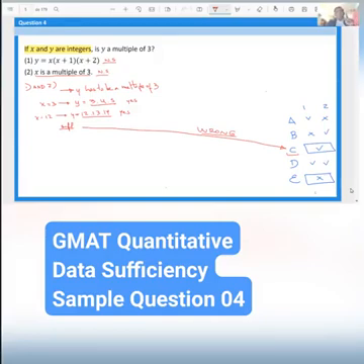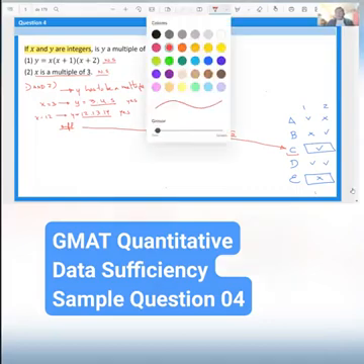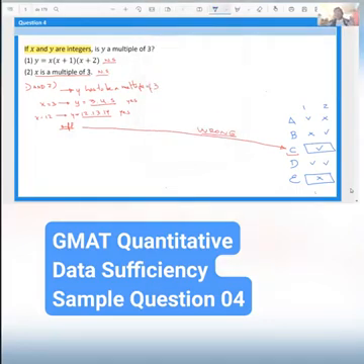You need to make sure whether you obtain just one answer or not when you evaluate different possibilities for the variables involved in this statement. So what would a more cautious test taker say?